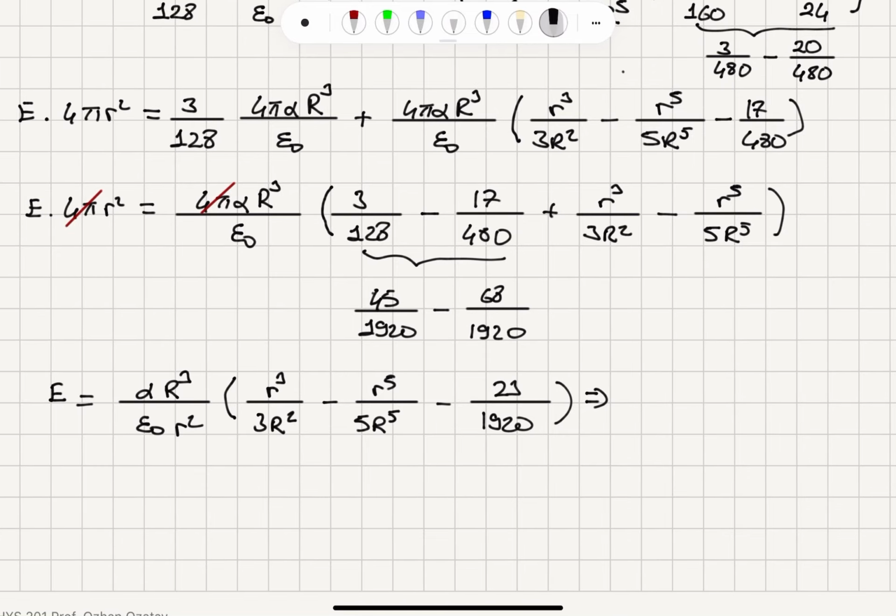Okay, so that is basically the answer for r between capital R over 2 and capital R.